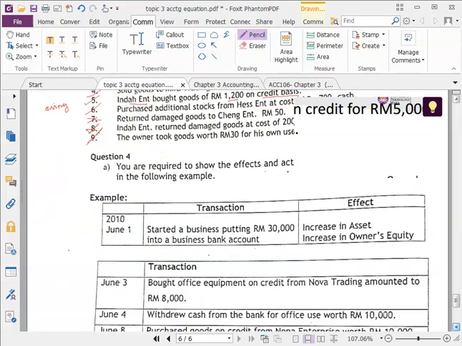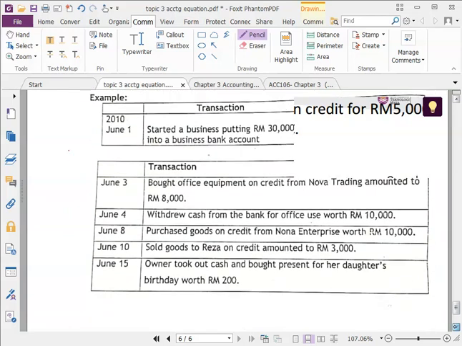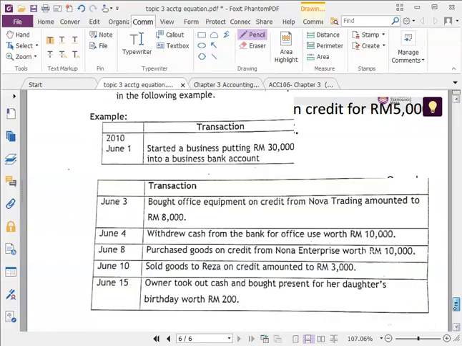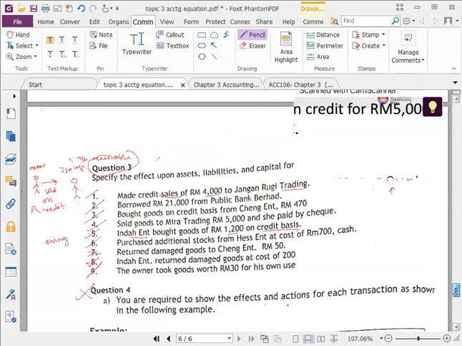Okay, sama juga untuk soalan yang question 4 ni. Okay, please do by your own. All the transactions, please find out what is the effect. Okay, so please do later.